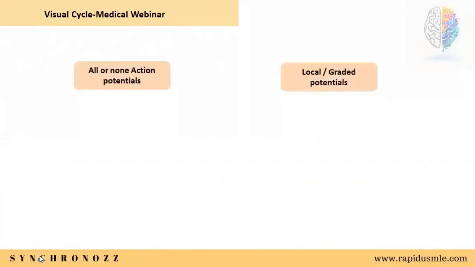As I told you, when light falls onto retinal pigment epithelium, the pigment epithelium absorbs the light and later it is taken over by the rods and cones. So what happens here, when light falls onto the rods and cones, which are the photoreceptors, they initiate action potential.